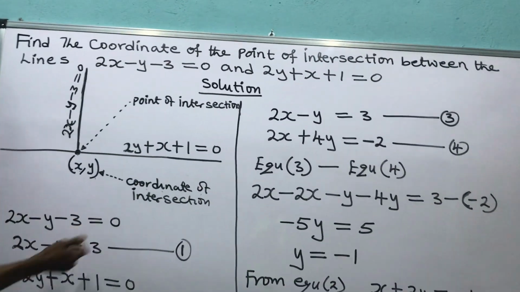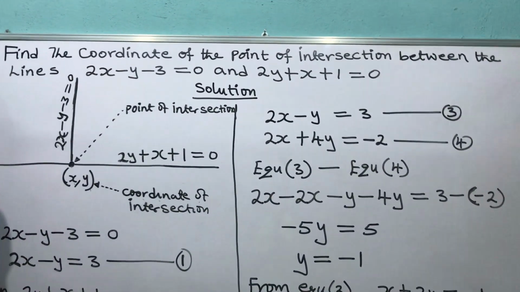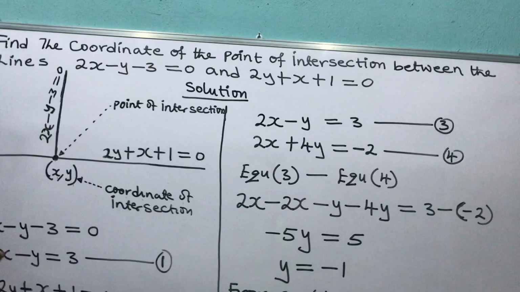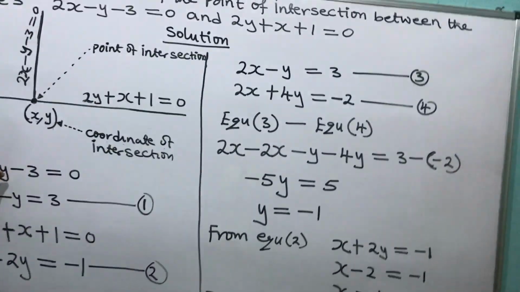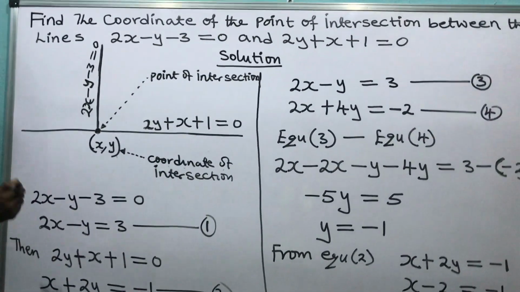As I bring it down, I have to put it in the simultaneous equation format. This is not in the simultaneous equation format. What's the simultaneous equation format?